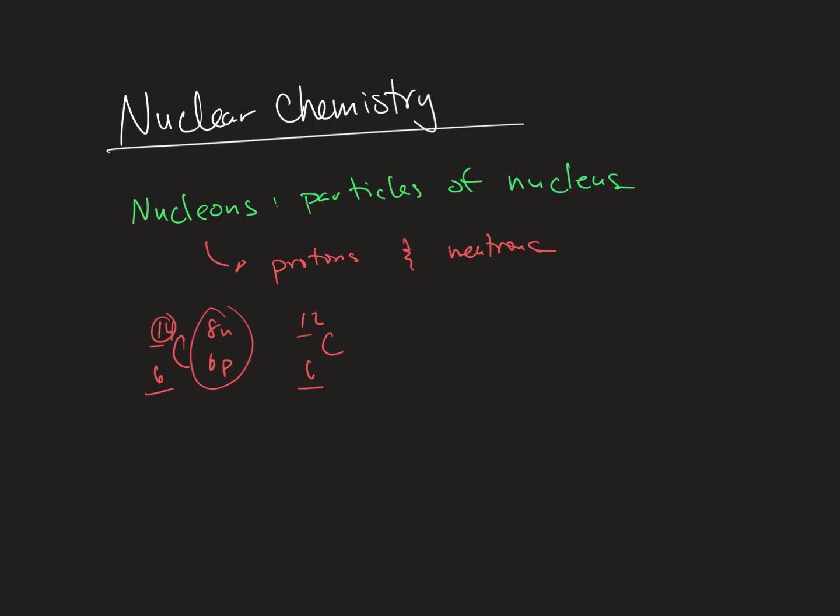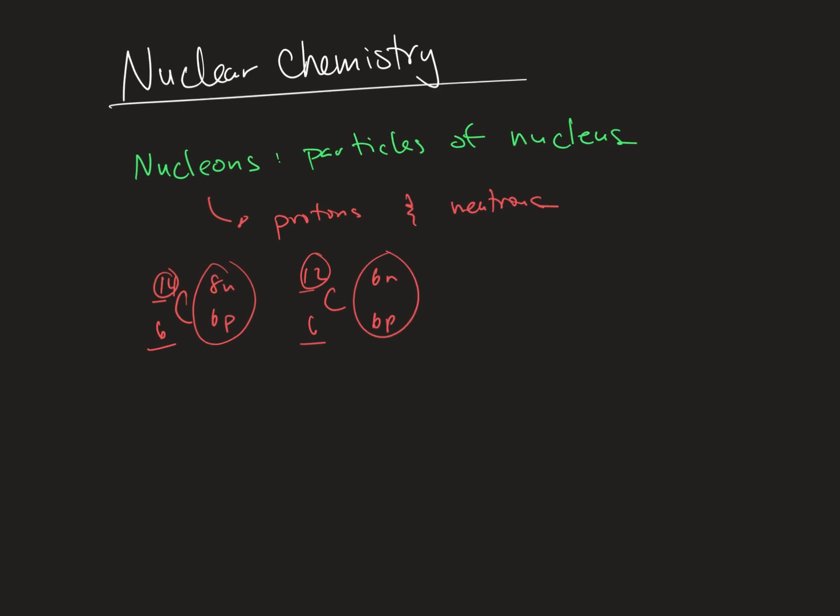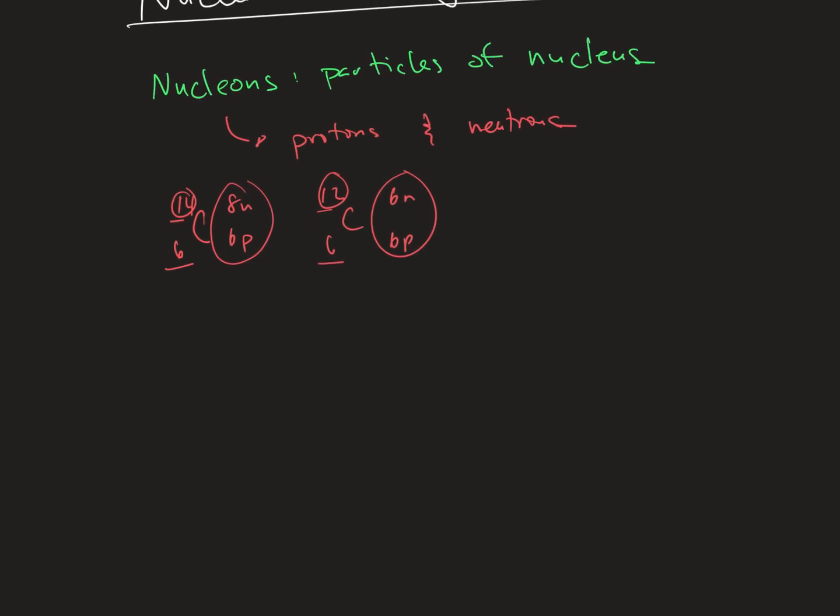Is this kind of coming back to us from the first exam? Okay. And carbon 12 has 6 neutrons and 6 protons. You add them together and you get 12. So this is just a quick review of what we already learned. Yeah? All right. Now, some isotopes are stable. Here's our stable isotope. And some are unstable. So carbon 14 is unstable.